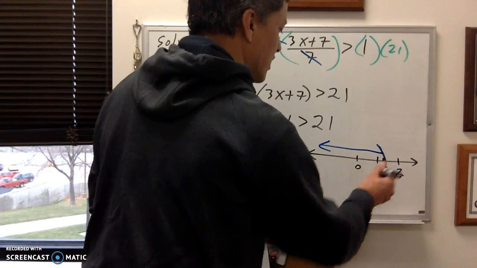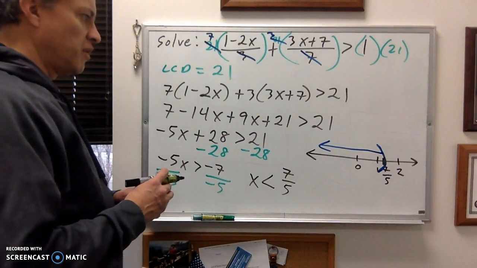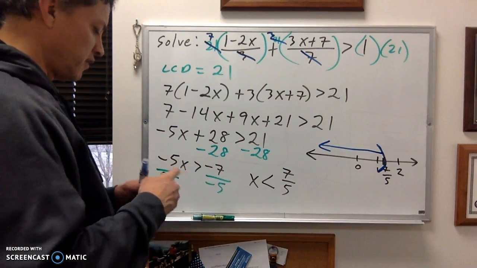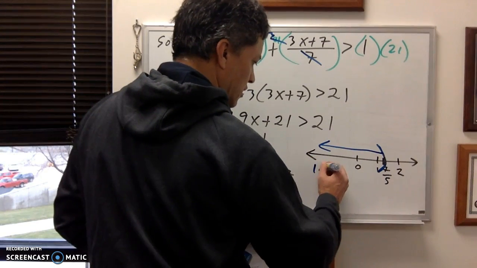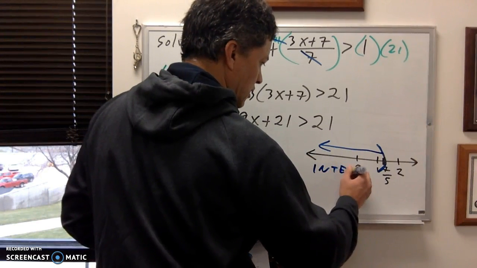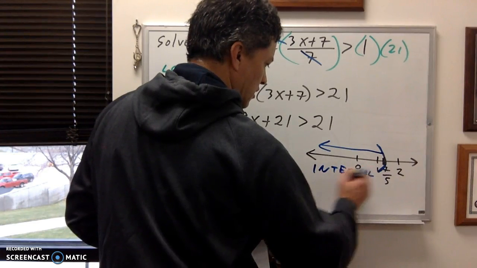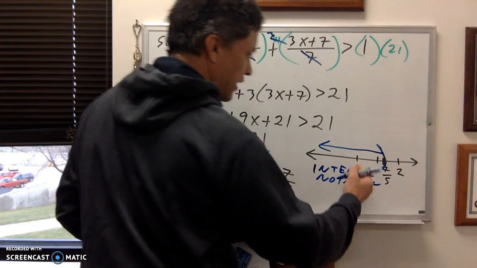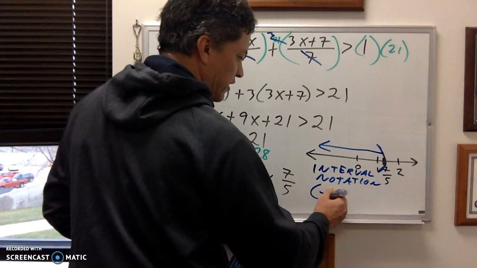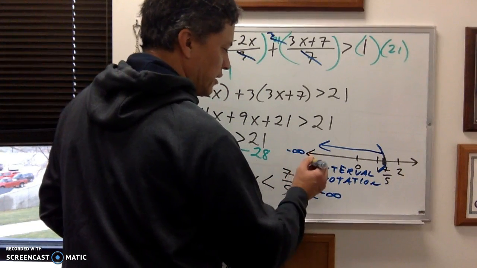So there's 7/5. Now, I'm going to be writing my answer in this thing called interval notation, and I'm going to use this graph to show that. It's coming in from negative infinity, right? That's what's out here.